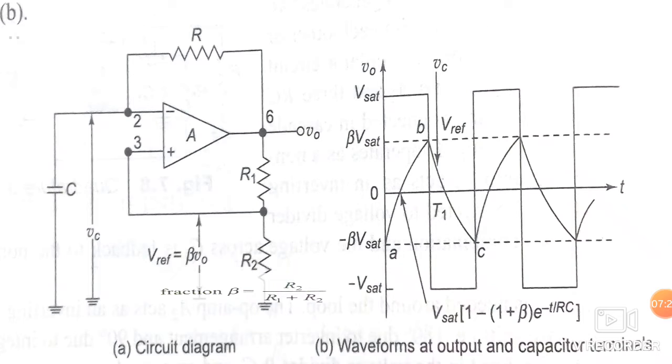Now it becomes minus Vsat divided by R1 plus R2 into R2. So now V reference becomes minus beta times V0. Obviously, because the potential across the capacitor is 0 and the potential of the other terminal is minus Vsat.